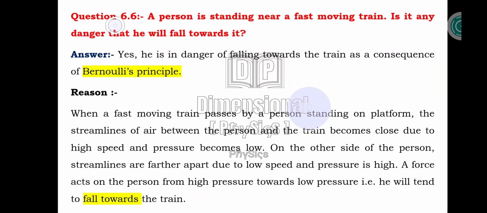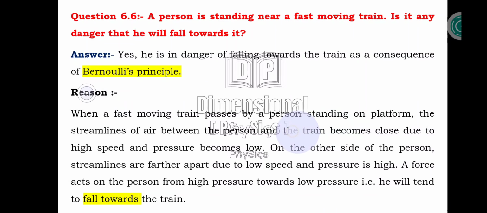Next question 6.6. A person is standing near a fast moving train. Is there any danger that he will fall towards it? Yes. He is in danger of falling towards a train as a consequence of Bernoulli's principle.